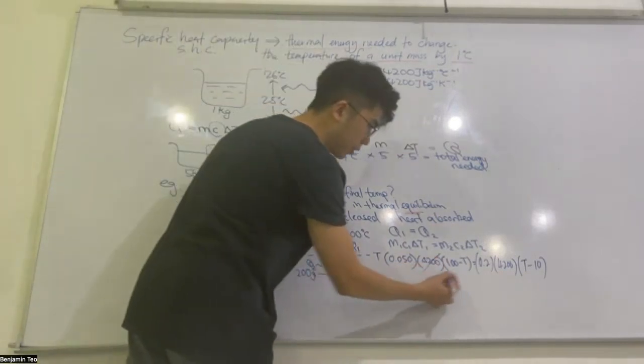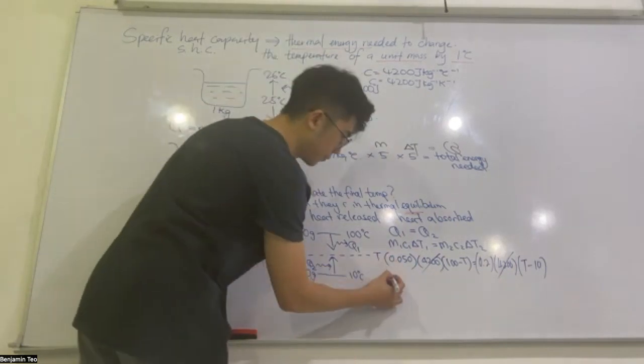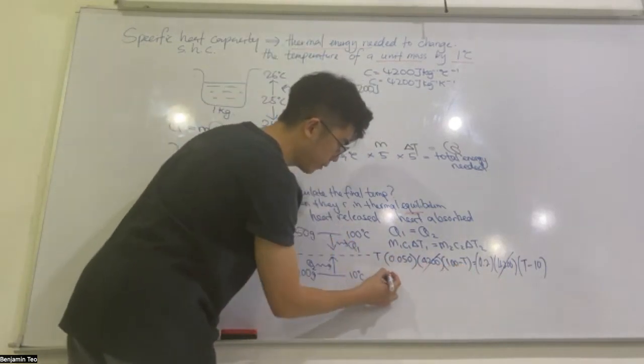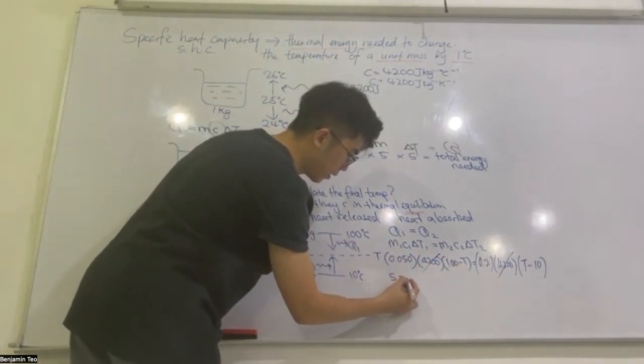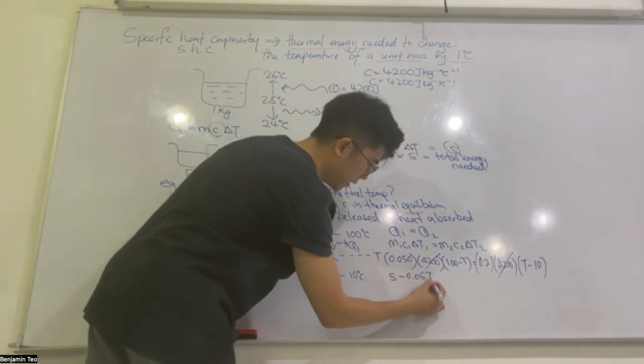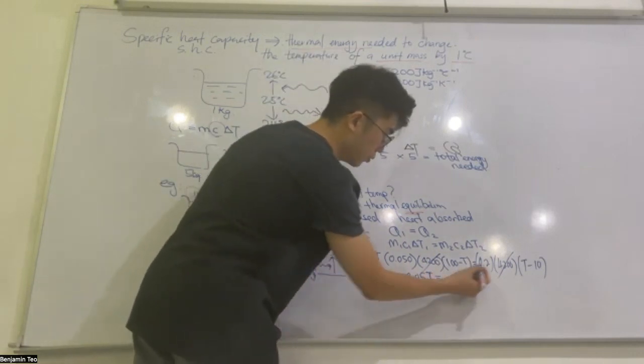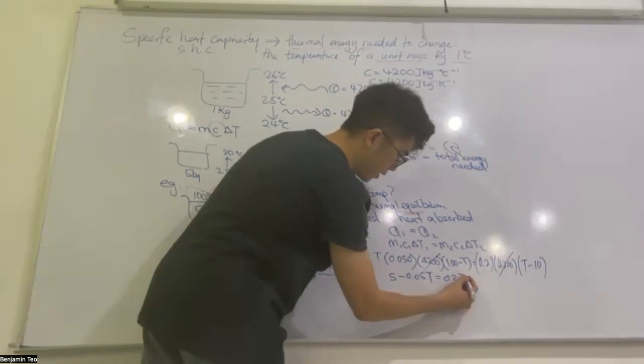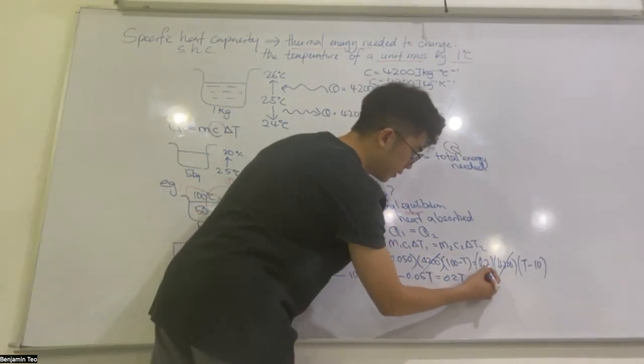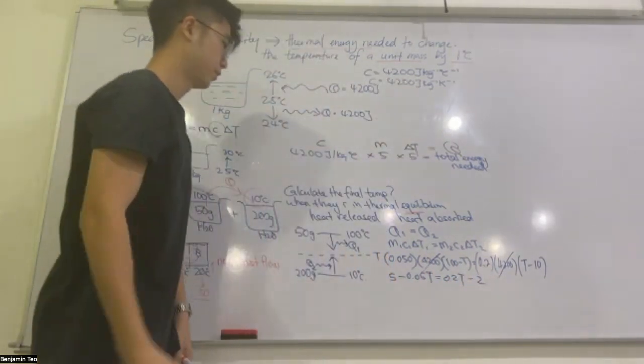Okay, so cross multiply. Open the bracket: 5 minus 0.05 T equals 0.2 T minus 2.